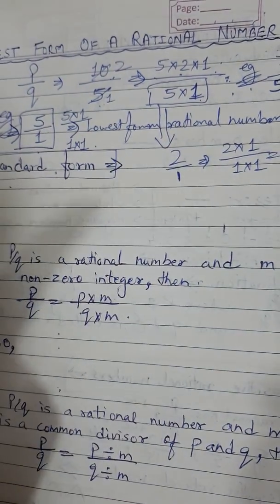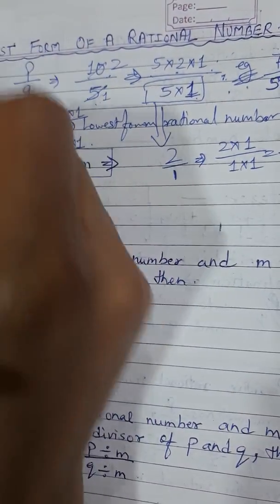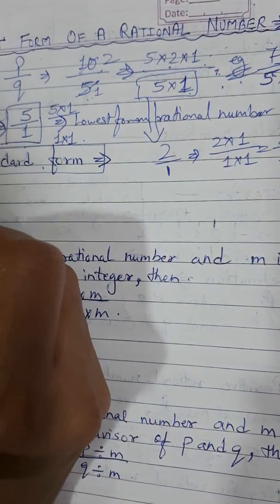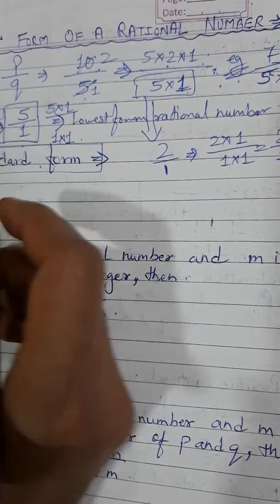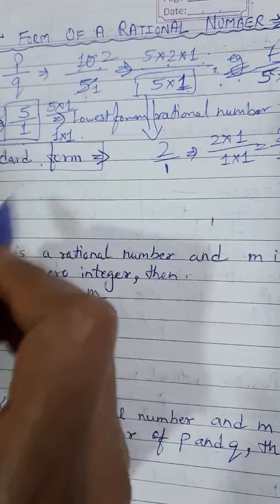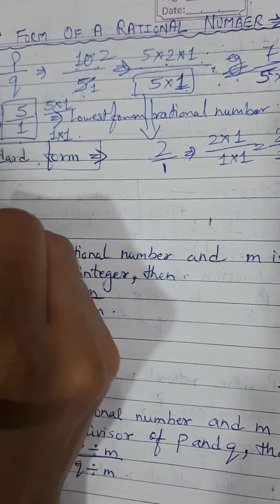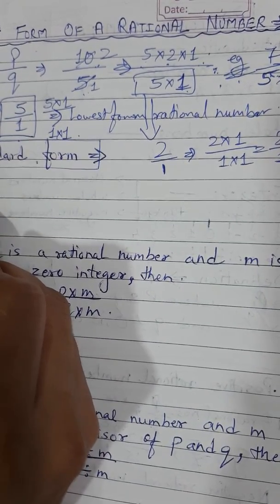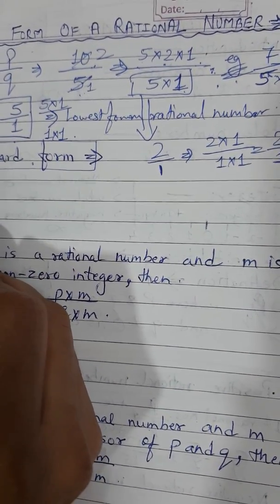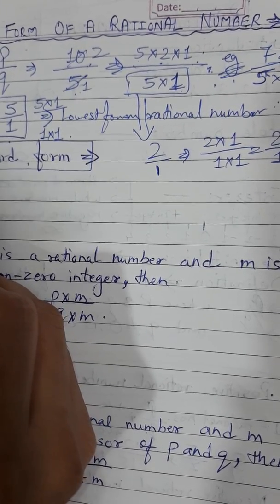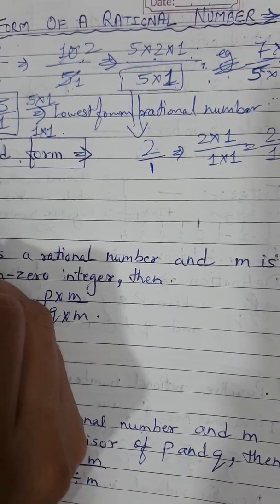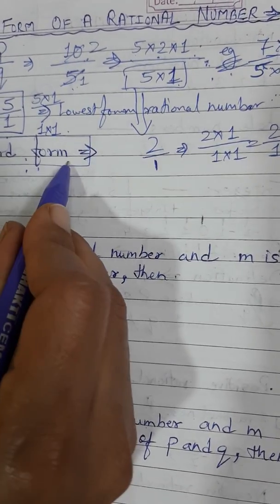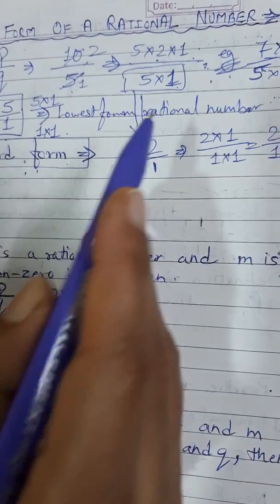Same thing as in the lowest form of a rational number is applicable here. If we take the same example, 7 upon 5, we are not able to divide 7 and 5 any further. It is not divisible by any number. So this is the standard form, and also the lowest form of a rational number.